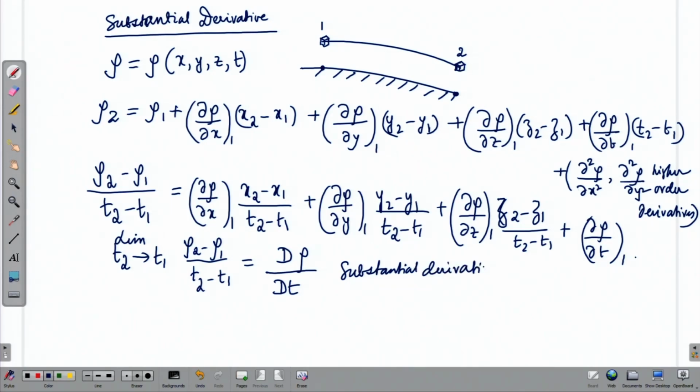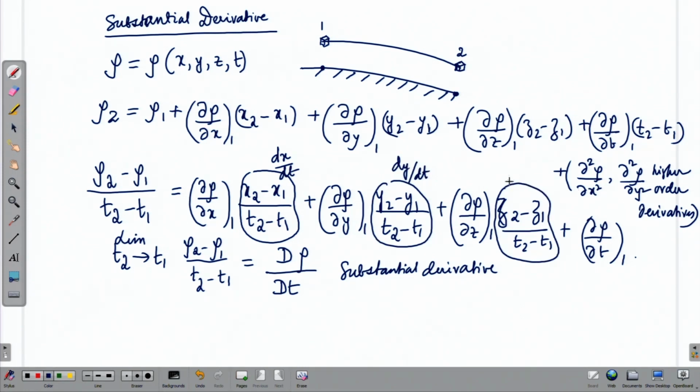In the limit that we have applied, where the time t2 approaches t1, we will find that these terms will also turn into derivatives. This will become dx dt, this will become dy dt, dz dt, and therefore, that is nothing but the u, v and w components of velocity of the flow field.